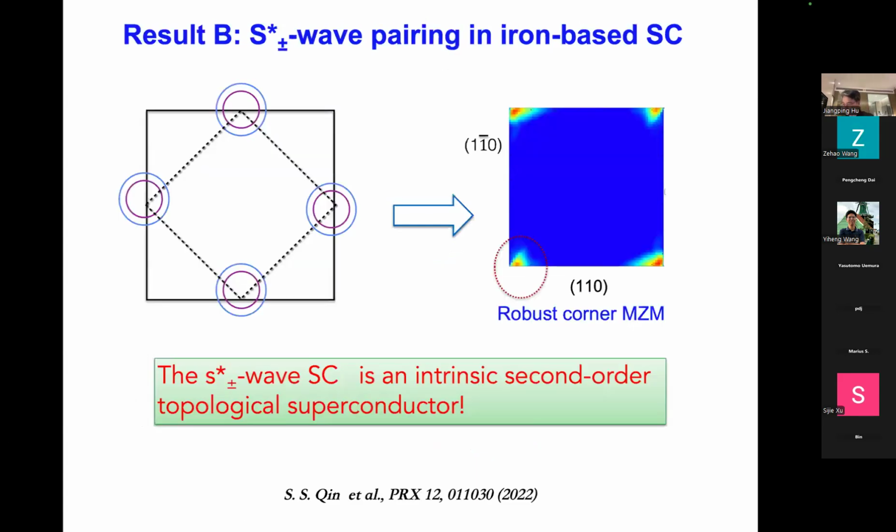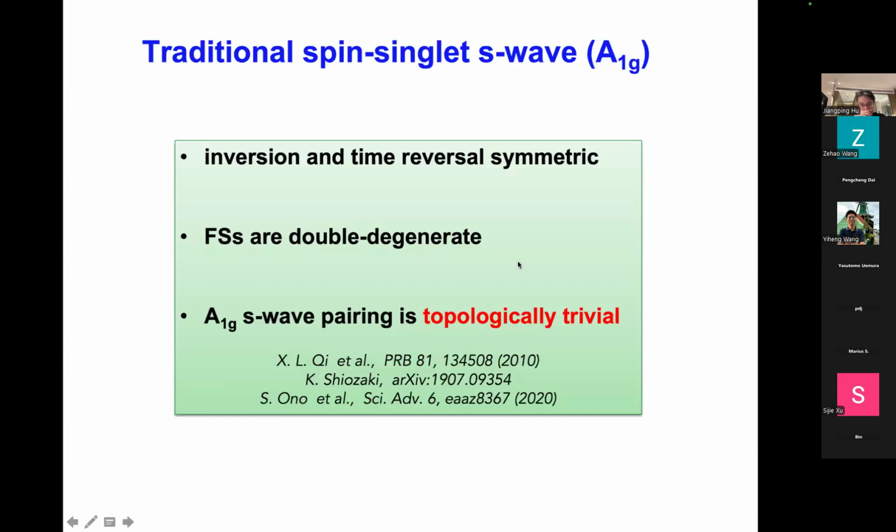Okay, so let's move to the second part, which is the S plus minus star state and its prediction. This is very interesting. In the early days there was a lot of theoretical work discussing what kind of superconductor will be topological or trivial.